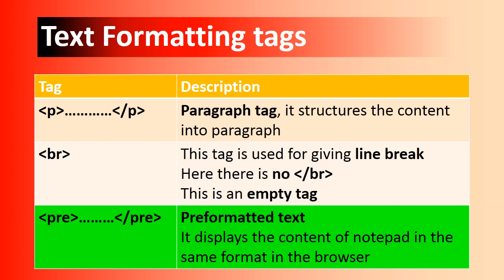Any text between the opening pre tag and the closing pre tag will preserve the formatting of the given content. Now, best thing is I will explain you with the help of an example. In the web page which we had created just now, in the same thing, we'll solve this thing.